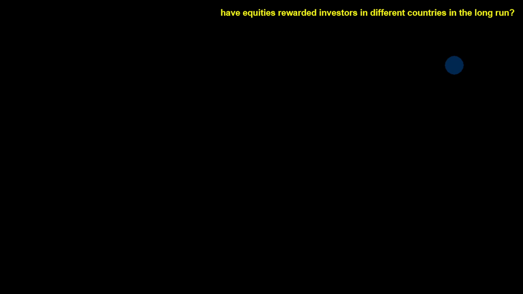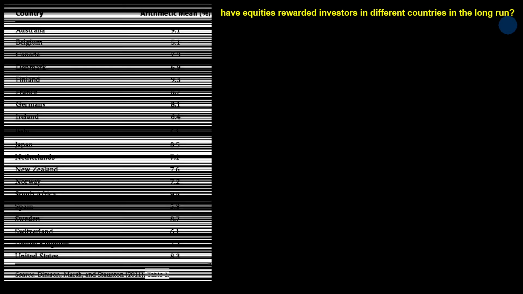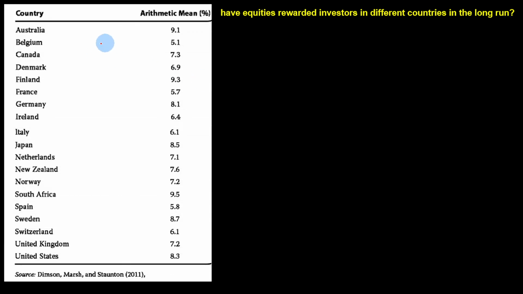Okay, let's do one example to put everything together. The question is, have equities rewarded investors in different countries in the long run? The countries we're examining are the 19 major countries: Australia, Belgium, Canada, all the way through United States.